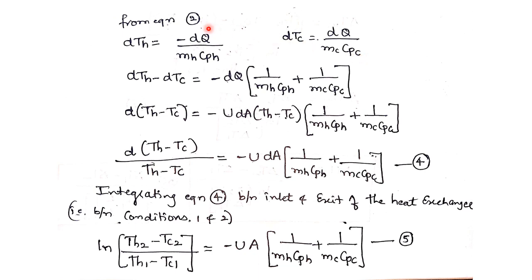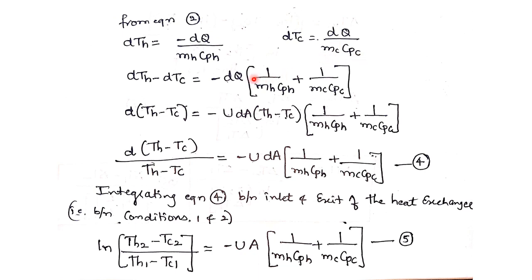So now from these equations I can write dTH minus dTc. This equation minus this equation: dTH minus dTc equals minus dQ divided by mH into Cph minus dQ divided by mC into Cpc.